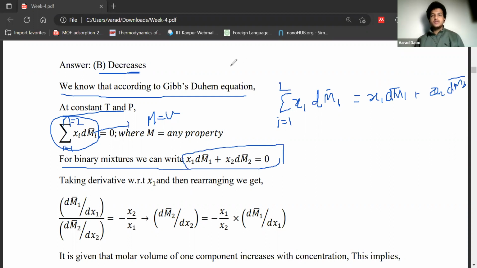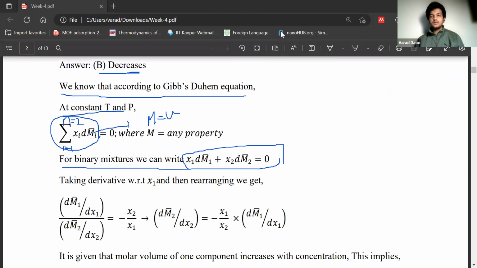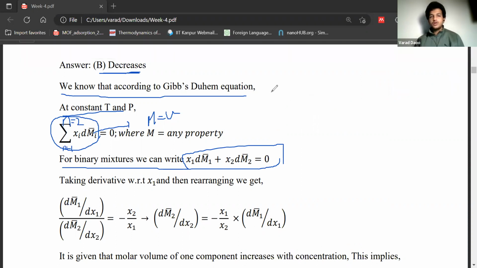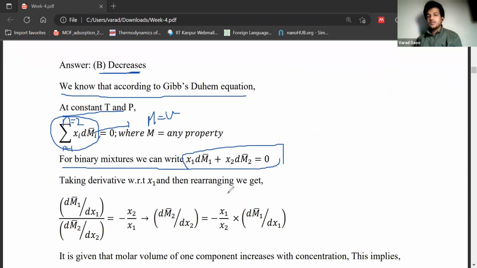Then let me rewrite it. We have this expression. I have skipped a couple of steps, so I will write it down. We have x1 dM1 bar.